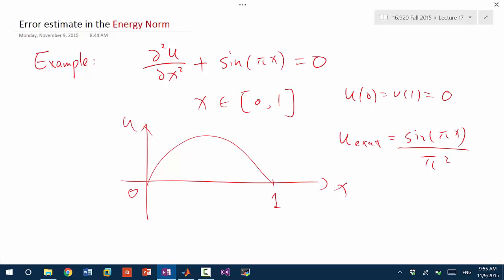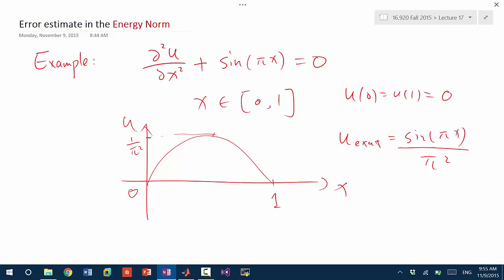The second time you take a derivative, the cosine becomes minus sine, and you get another pi out of this. So the pi squared gets cancelled by taking the derivative twice, and the sine becomes minus sine after two derivatives. So we should get a u that tops at 1 over pi squared, and it's a sine function. Okay?